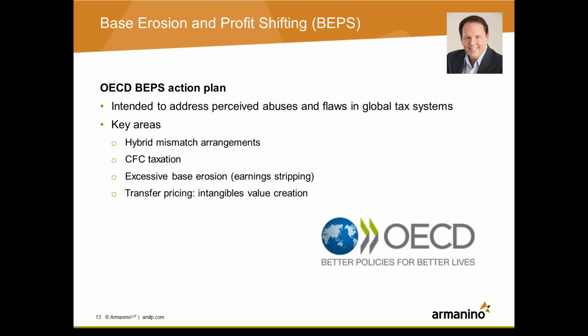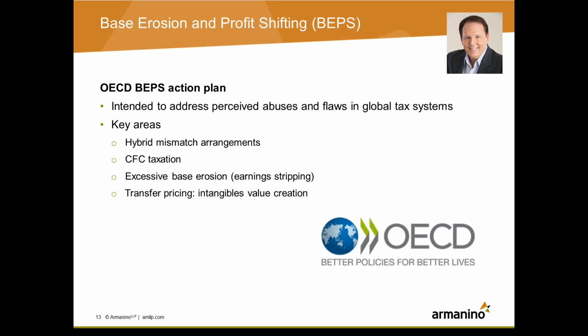So a hybrid is any entity or instrument in which two countries view the same entity or instrument differently. For example, a classic example here in the United States is the U.S. LLC. Of course, we think of a U.S. LLC here as a flow-through entity, or what the international community calls fiscally transparent.